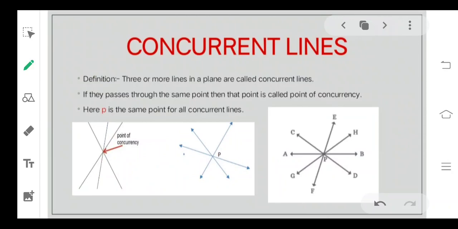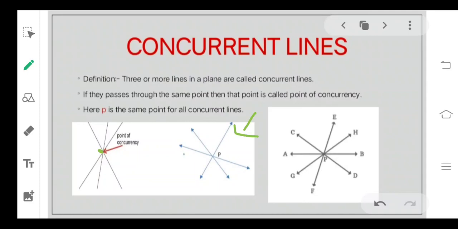Here P is the same point for all concurrent lines. Students, in this figure you can see that 3 lines are concurrent lines, and here point P is the point of concurrency.